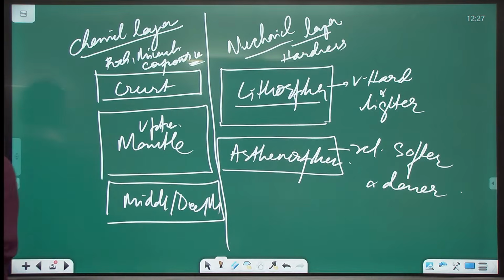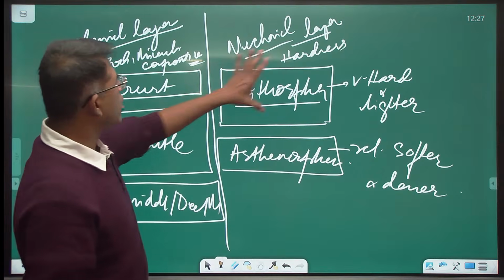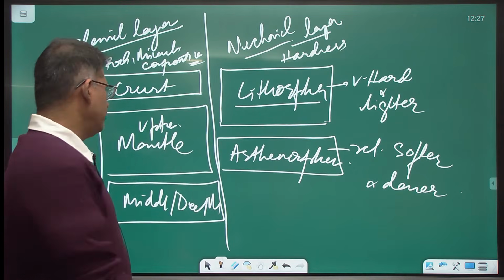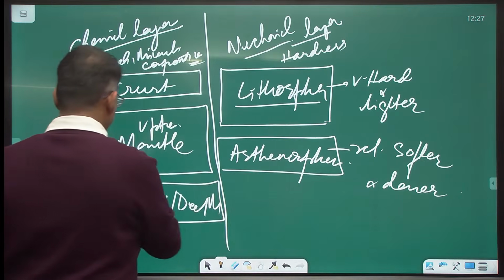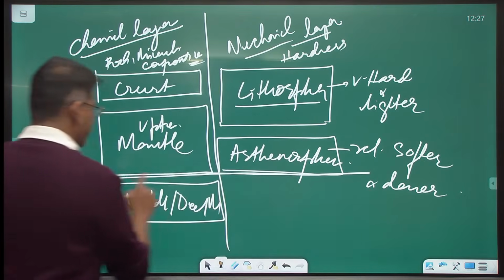These are the two ways we divide the layers of the earth. Either use the scheme of crust, upper mantle, middle mantle, core, or go by this scheme, lithosphere, asthenosphere. So हम इतने रखेंगे अभी. We'll need this much to understand oceanography.